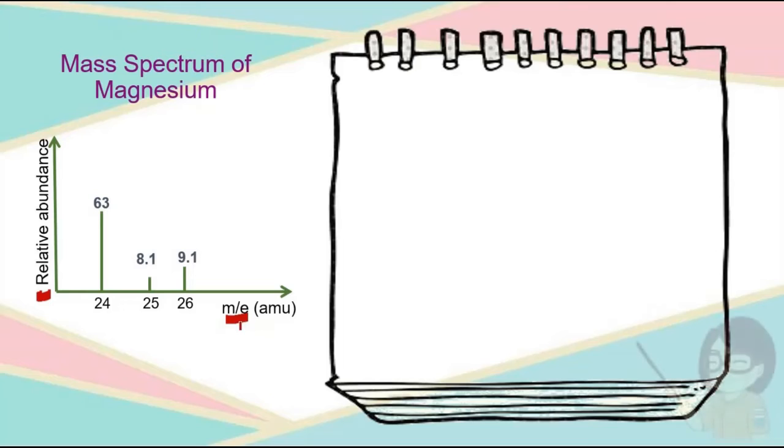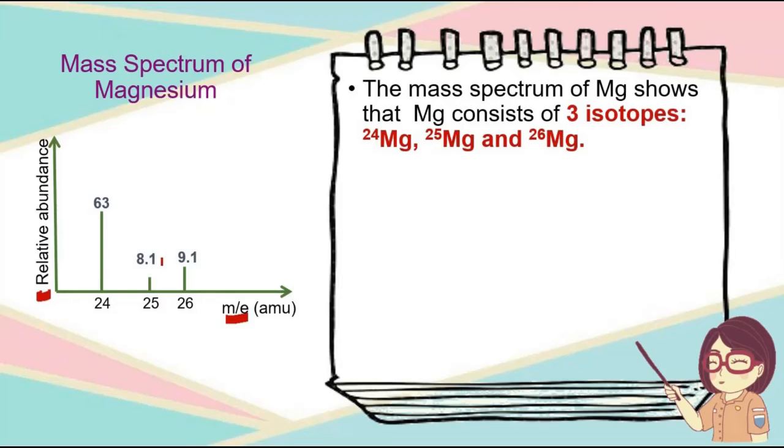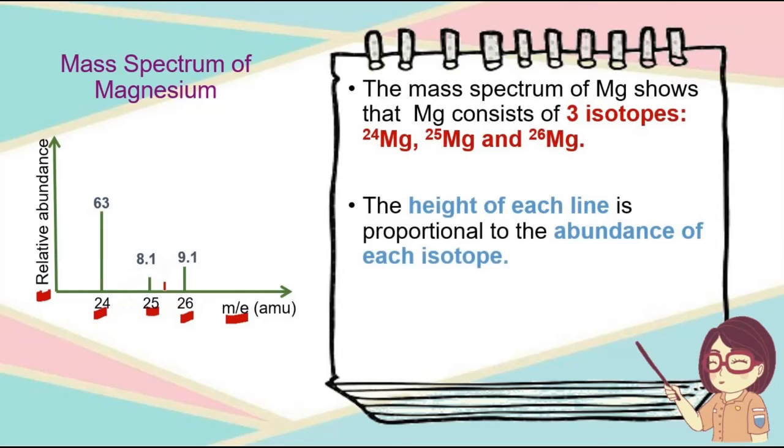Based on the spectrum, we can see that there are three lines showing in the spectrum, indicating that magnesium consists of three isotopes, that is Mg-24, Mg-25 and Mg-26. The height of each line is proportional to the abundance of each isotope.